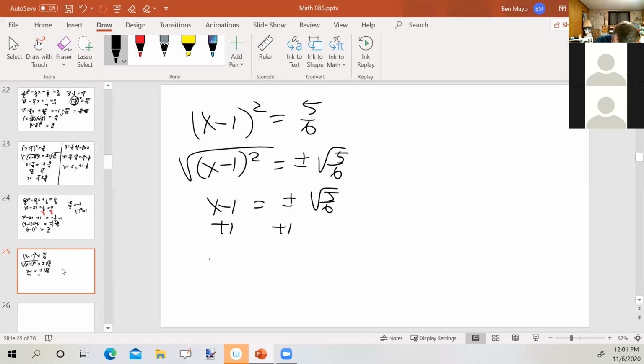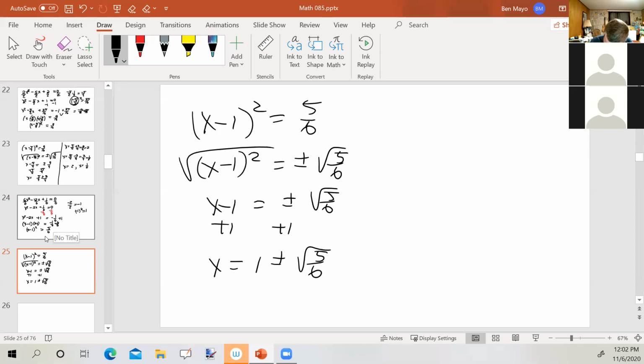Add 1 to both sides. Okay. Now, what we're going to do now, and this perhaps is going to seem confusing, we're going to clean up this answer.